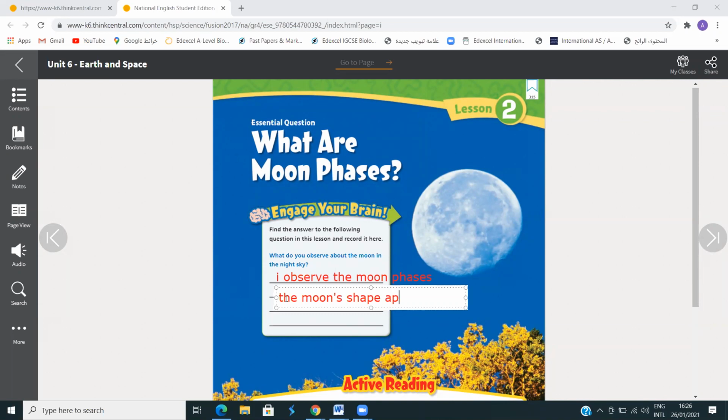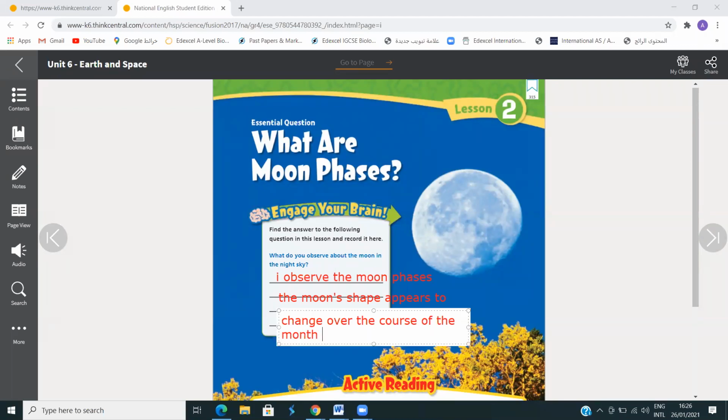Appears to change over the course of the month. Okay, so here the moon will change.